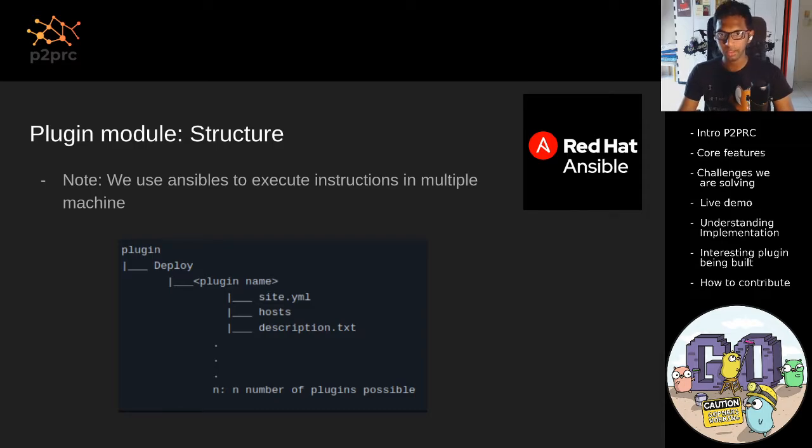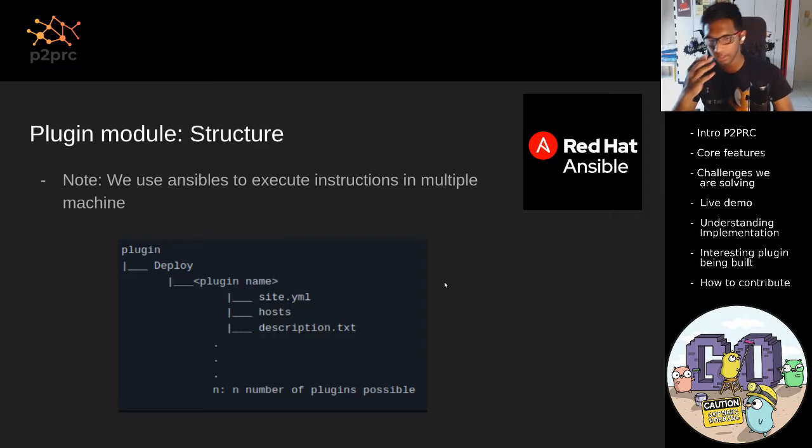We use Ansible, but in our implementation we automatically overwrite the host file. So you just need this site.yaml file, which consists of the instructions you want to execute on the other machine, and we automatically populate the host file, so you don't have to worry about it. You just say, I want to run ID 1, ID 2, ID 3, and it automatically runs as Ansible on those servers and runs the tasks you need.